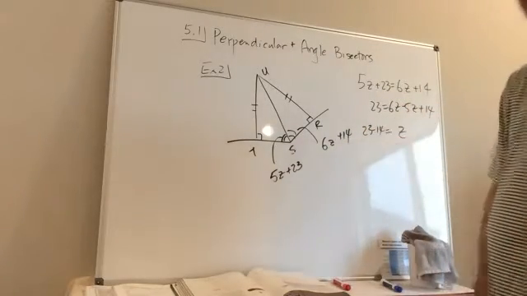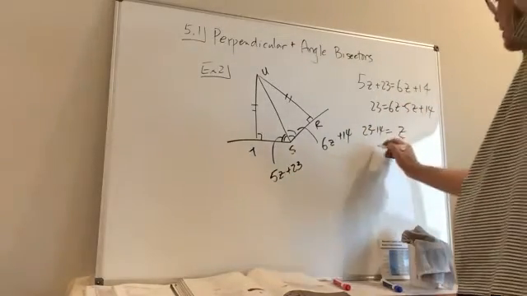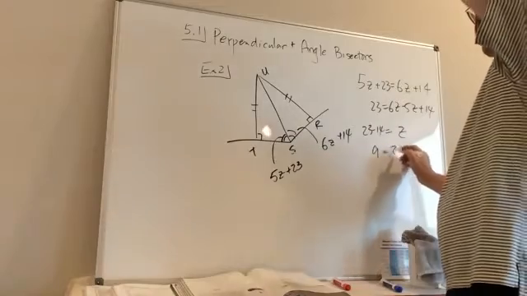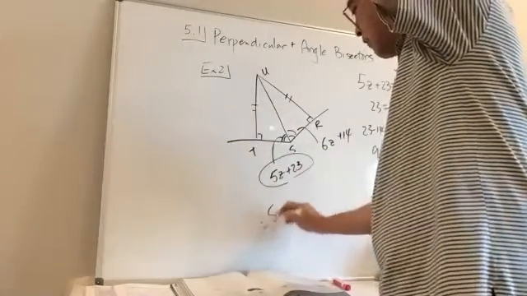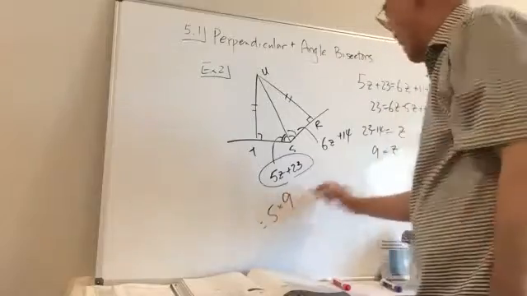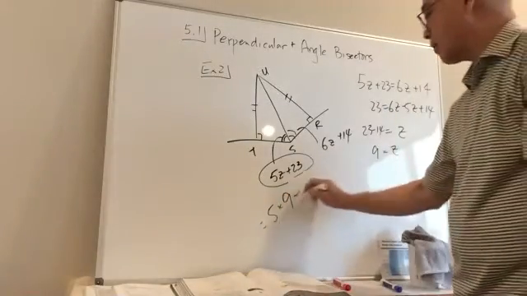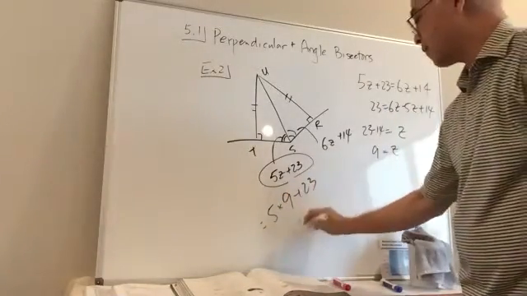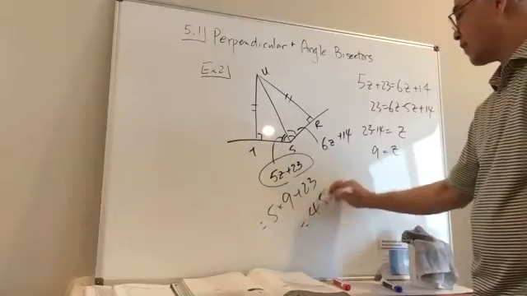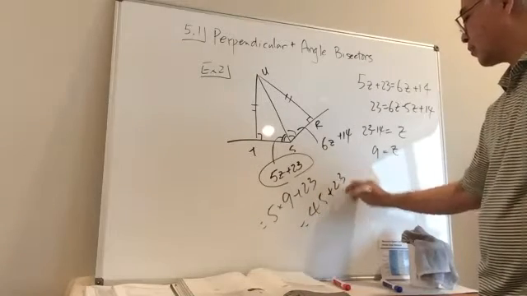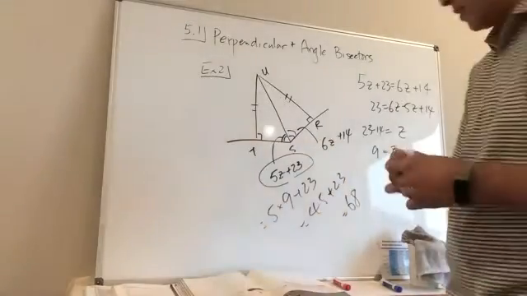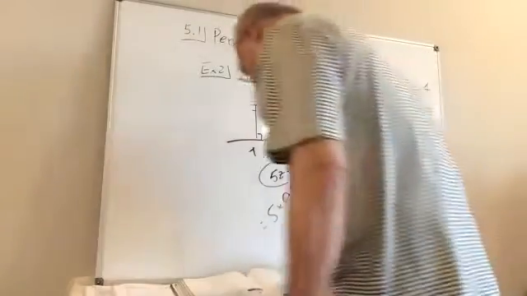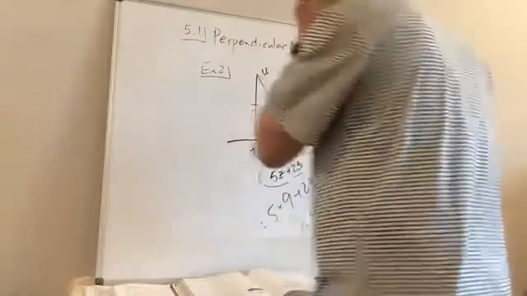Minus 14, 23 minus 14 is 9, is equal to z. So this angle here is going to be 5 times 9, z is equal to 9, plus 23, 45 plus 23 is equal to 68. 68, so that's going to be your answer. Okay, so that's good.